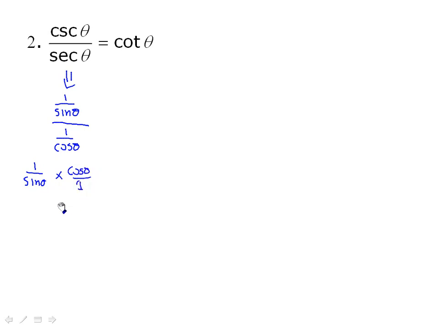And this will give you cos theta over sine theta. Now when you take a look at the right side, convert cotangent theta, and cos theta over sine theta is equal to cotangent theta. So we did it. QED. You don't need to put that at the end, but it is a nice touch.